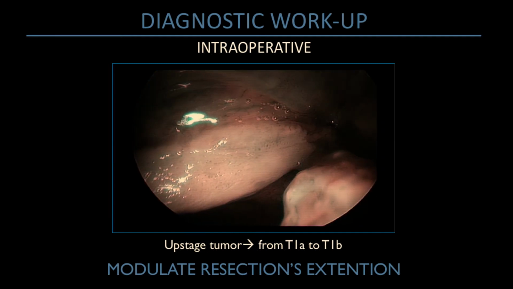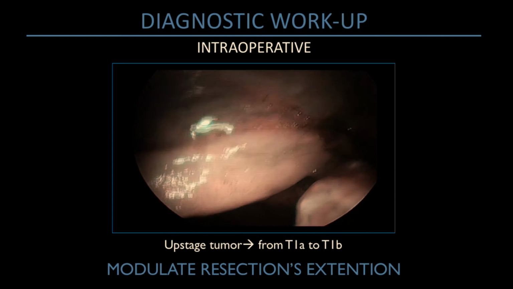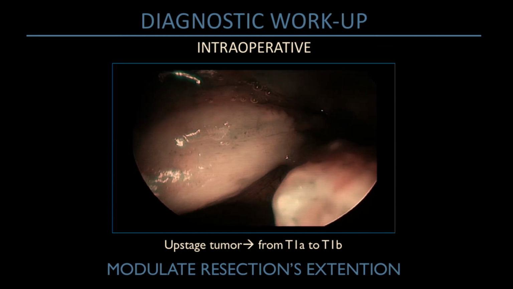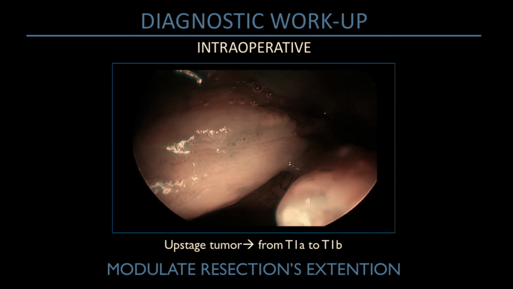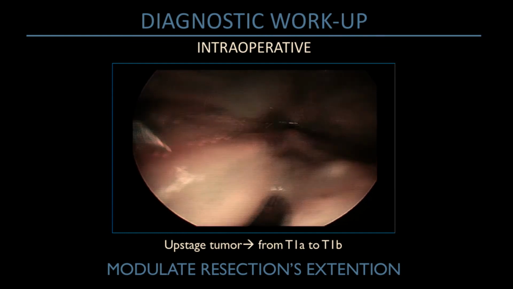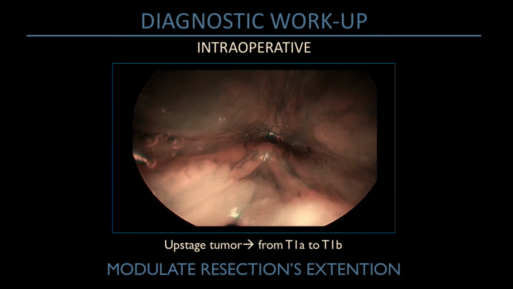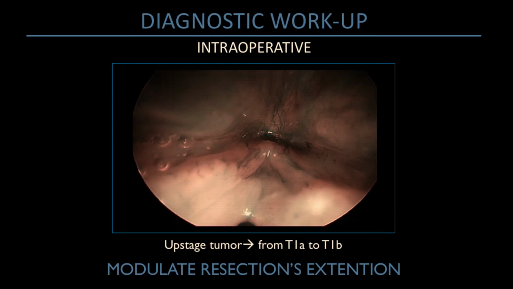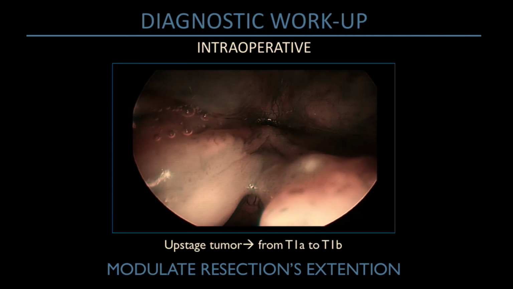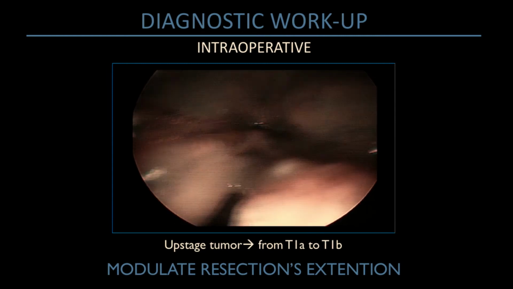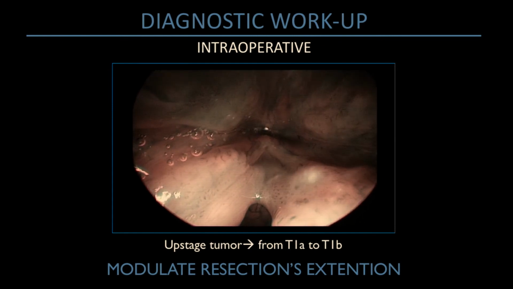With NBI, you can better appreciate this atypical dark spot. And again, with the 70-degree telescope, you can also appreciate a satellite focus here in the bottom of the ventricle. It's very difficult to see, even with the microscope. It's impossible to see this.